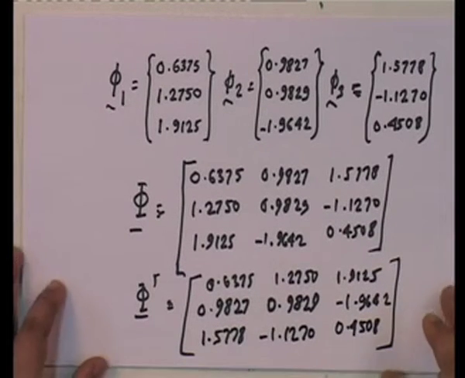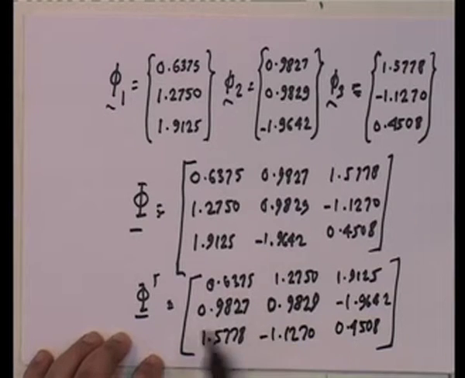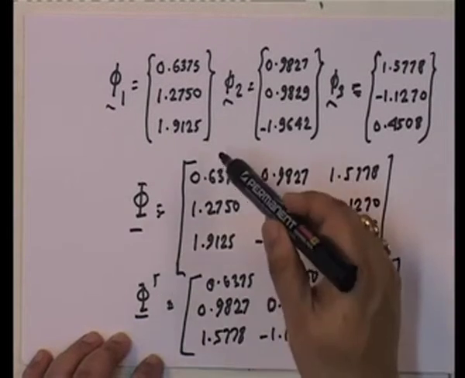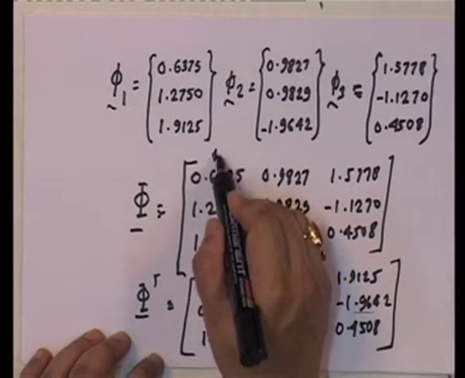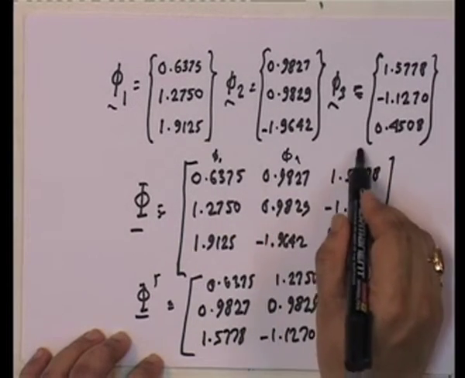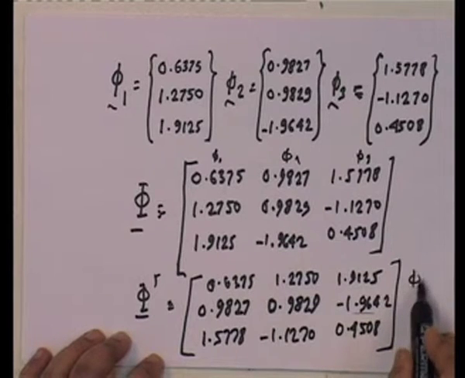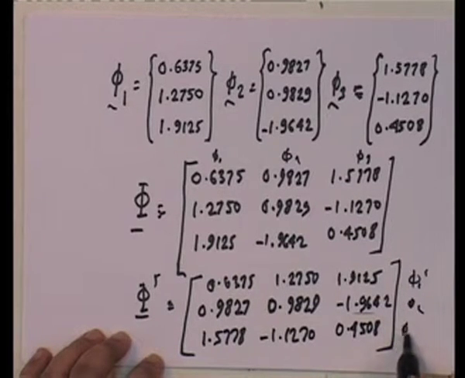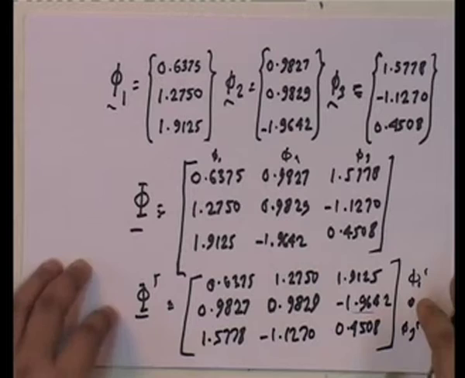So, this becomes phi 1 transpose, phi 2 transpose, phi 3 transpose; and phi is phi 1, phi 2, phi 3.